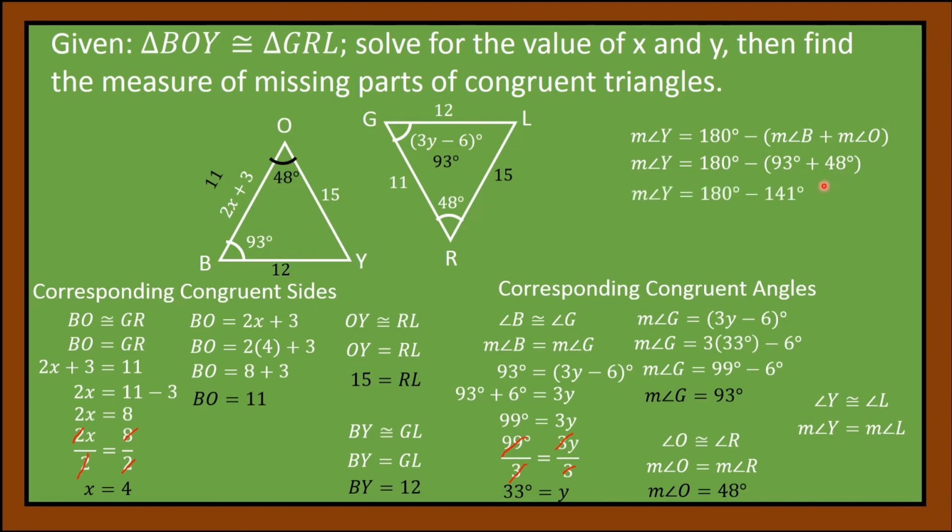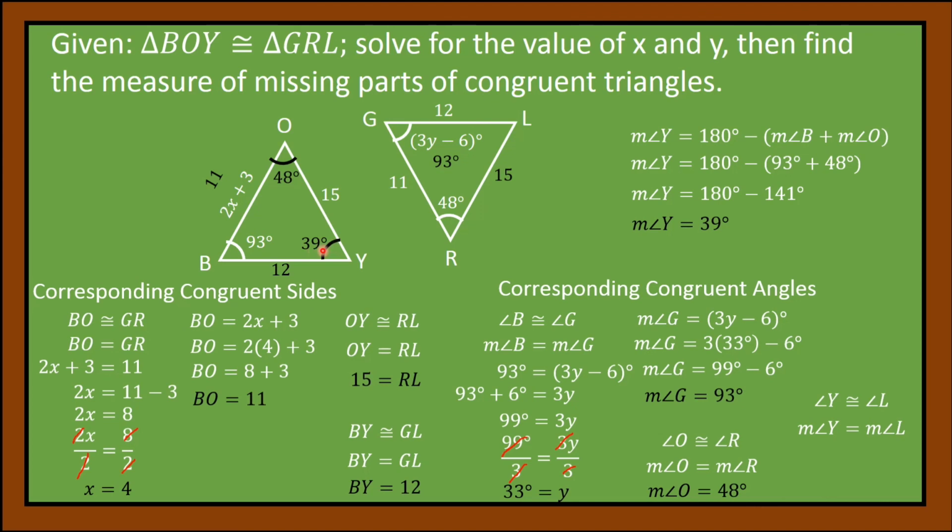So we add them, and we have here 141 degrees. We subtract that 141 degrees from 180, and the answer is 39 degrees. So, going back to the figure, angle Y measures 39 degrees.